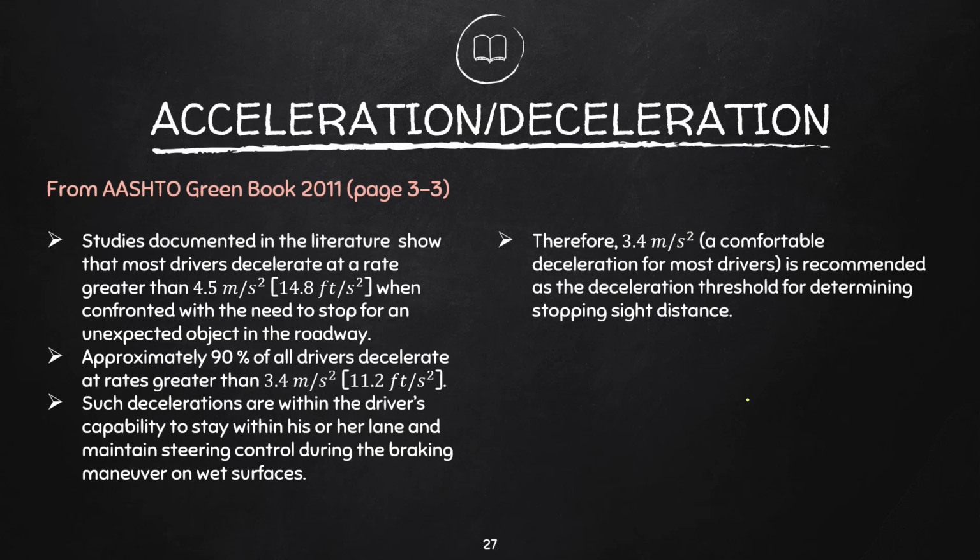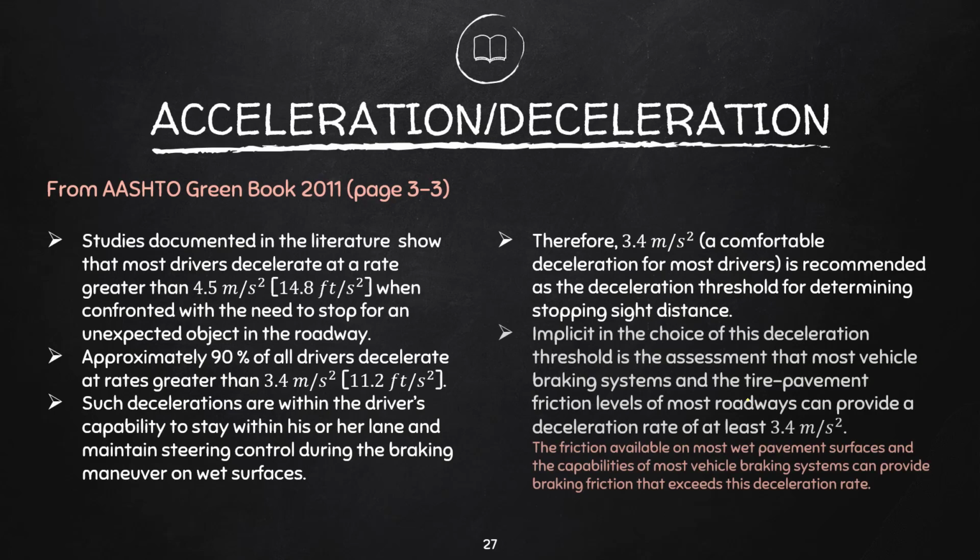Therefore, 3.4 meters per second squared, a comfortable deceleration for most drivers, is recommended as the deceleration threshold for determining stopping sight distance. Again, we are using the 98th percentile from the studies made by AASHTO.